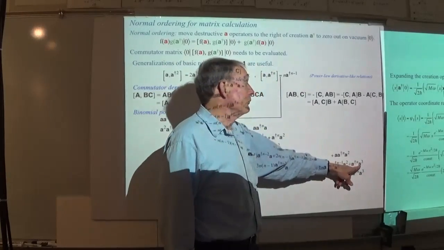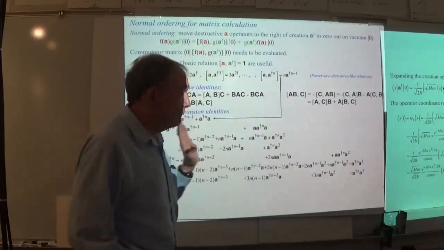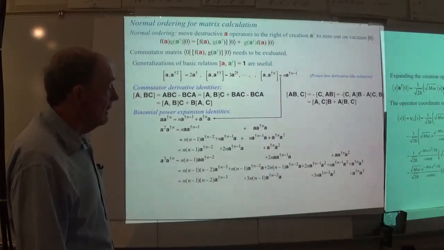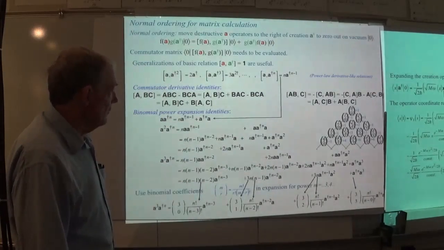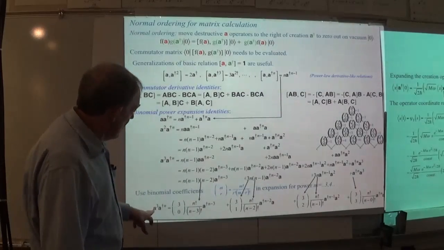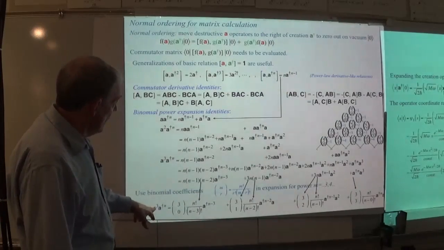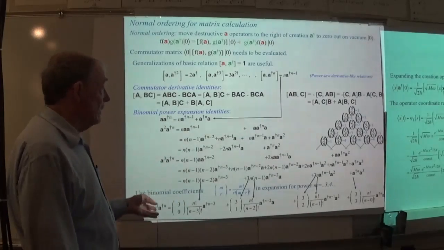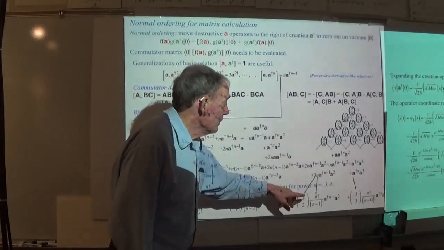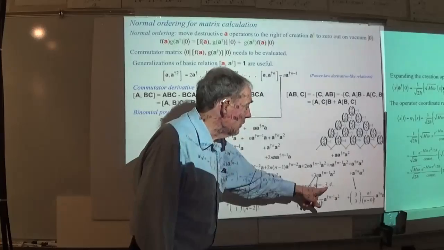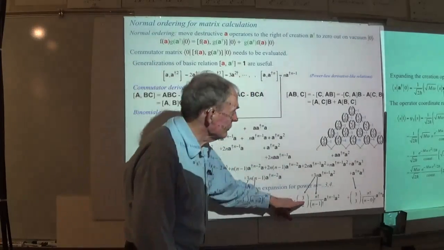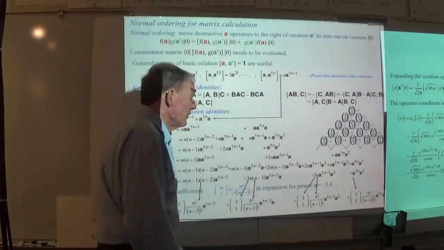There I've got 3 destructors on the right. That's where they belong, and I call that a normal ordering, and that is the idea of having, in this case, A cubed, A dagger to the nth. It gives me a binomial expansion with, in this case, a power law 3, so there are the binomial coefficients associated with 3.